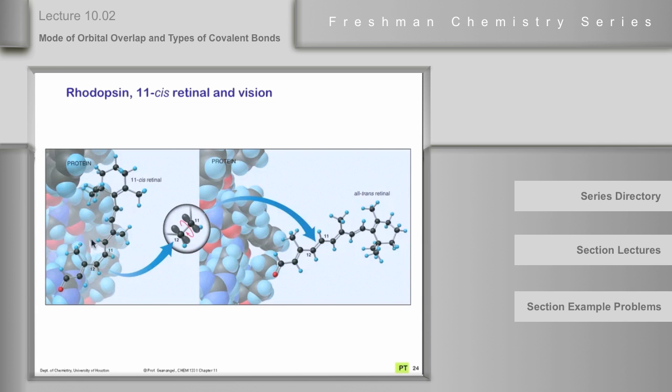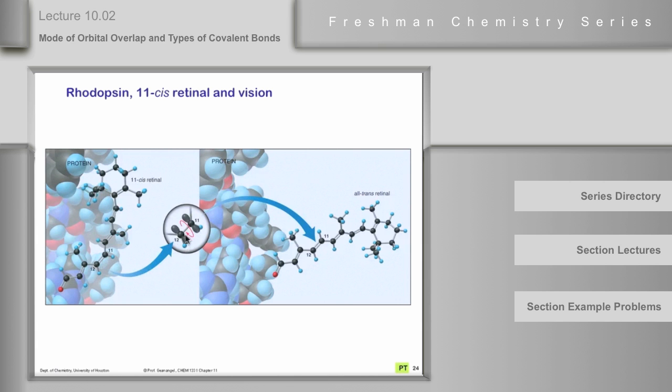Now, when this molecule is exposed to visible light, a very interesting thing happens. Nature somehow has tuned this molecule so that the energy to break the pi part of this bond is exactly in the range of visible photons. So along comes a photon and breaks the pi part of this bond, which is a weaker part, of course. And once that is broken, we have two free electrons, and we have a carbon-carbon single bond.